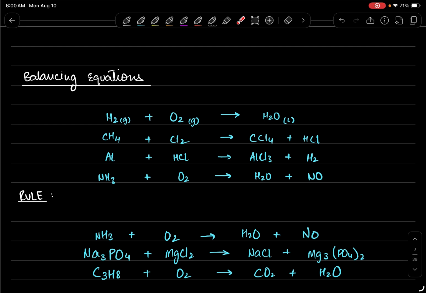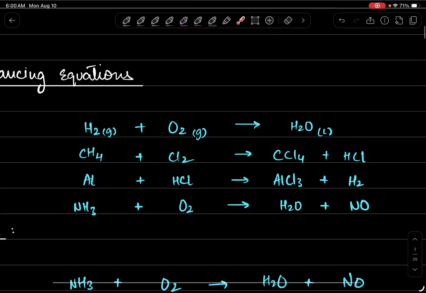So let's start with the very first and basic equation, as you can see on the board. This equation says that H2, H is hydrogen, so 2 atoms of hydrogen make up 1 molecule. So H2 reacts with oxygen to form H2O, which is your water. Now, how do we actually balance the equation, and why do we need to balance it?